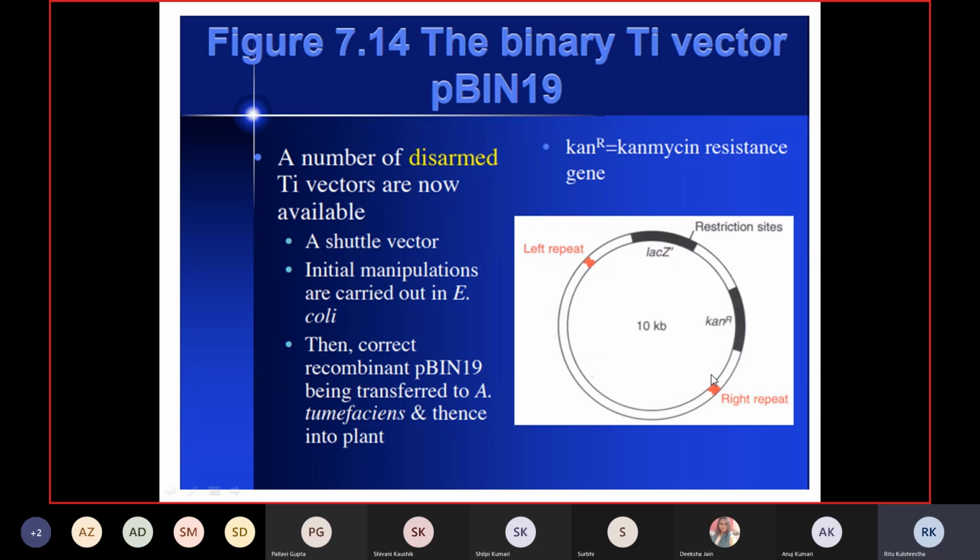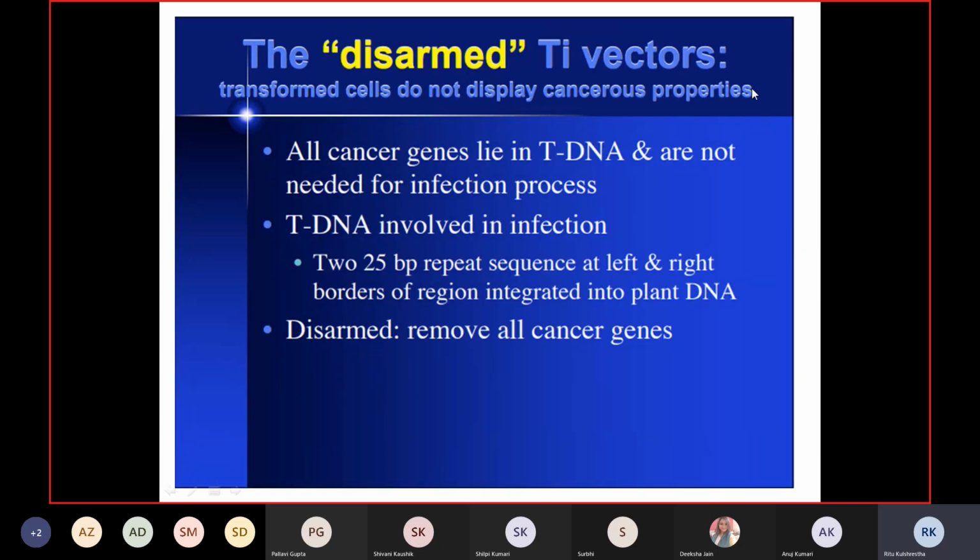So what it does is they have disarmed the Ti vector. They have removed all the cancer genes. If you remember, it had the genes coding for auxin as well as cytokinin. So they have removed those genes from the Ti vector, and also they have retained the ends of the T-DNA.